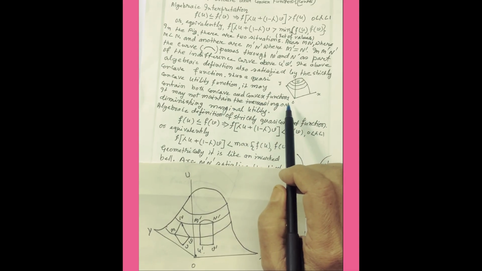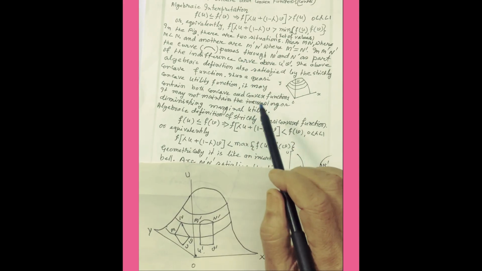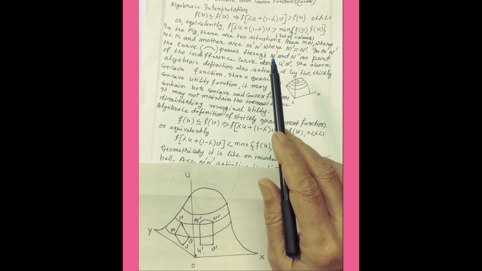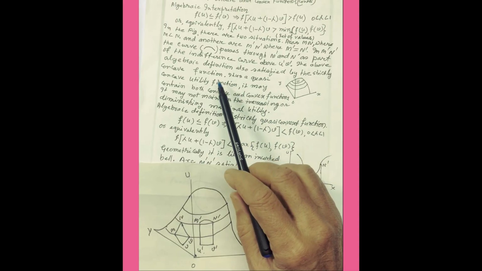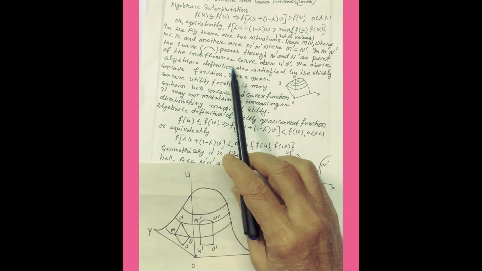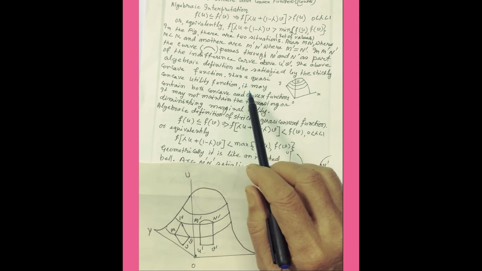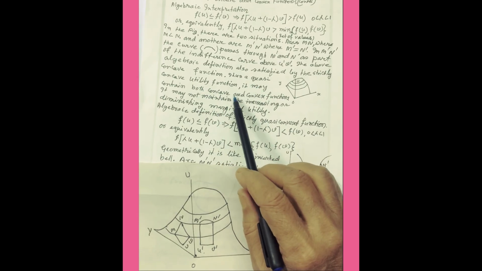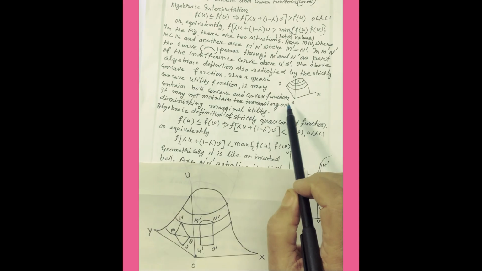So it is said from this illustration that in the indifference curve, a quasi-concave utility function may contain both concave and convex functions.